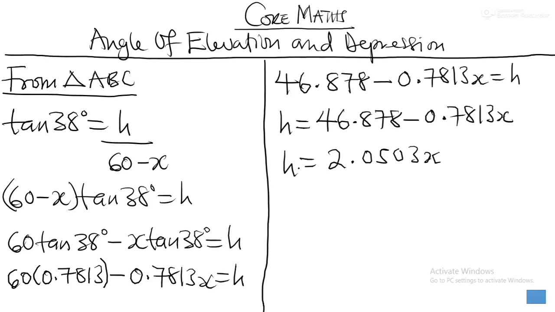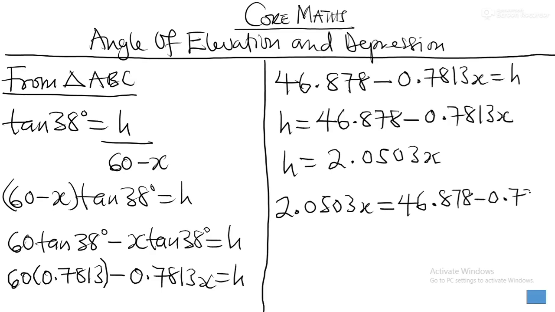Doing so, we are going to have 2.0503x equal to 46.878 minus 0.7813x. Good. So we group like terms.